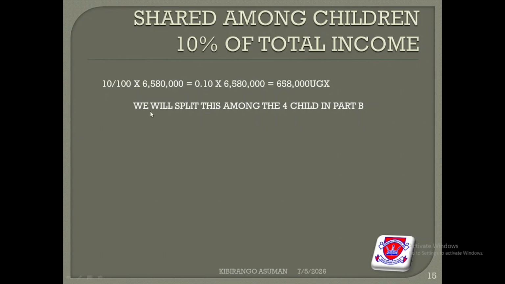We will split this later in question B, but this one says that the amount shared among the 4 children is 658,100 Ugandan shillings.